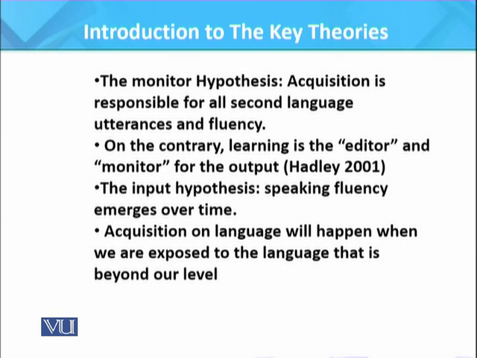It is through monitoring and editing of information that with the passage of time you develop fluency in speaking. Acquisition of language will happen when we are exposed to language that is beyond our level. So since it's a process of acquiring, you acquire information which is beyond your level, not something that you are born with.